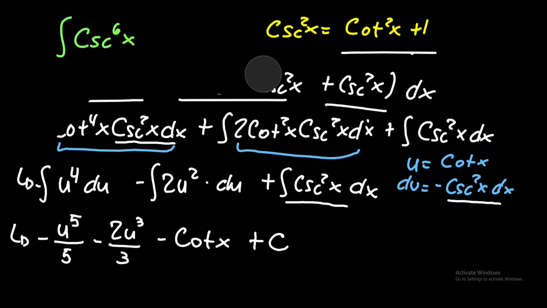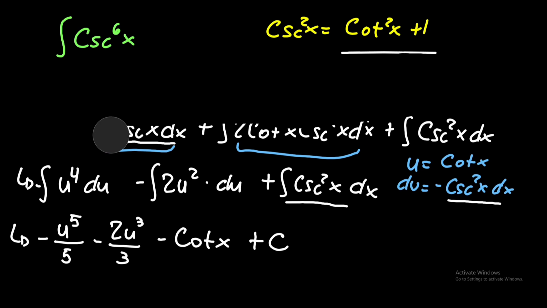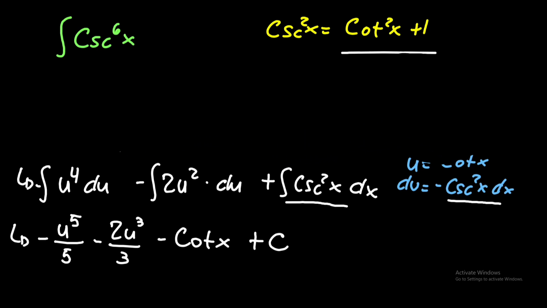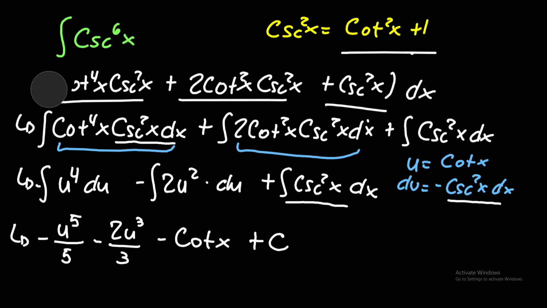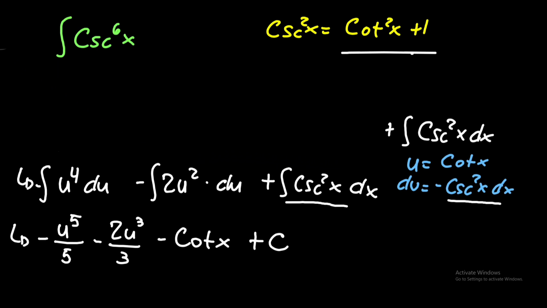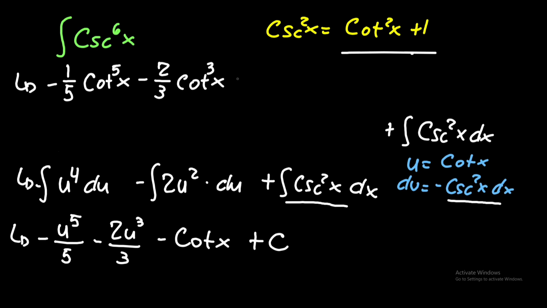As we substitute u back into its original form, we can now find our final answer. It would be negative 1 over 5 cotangent raised to the power of 5 of x minus 2/3 cotangent to the power of 3 of x minus cotangent of x plus the constant of integration.